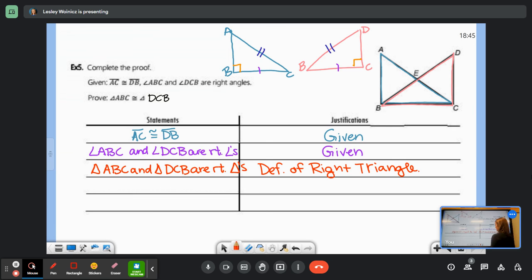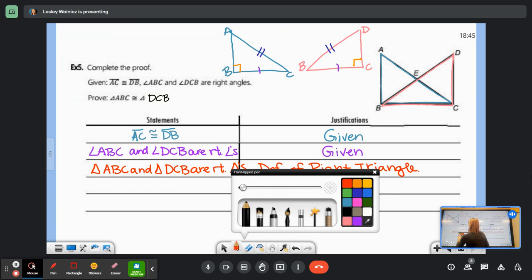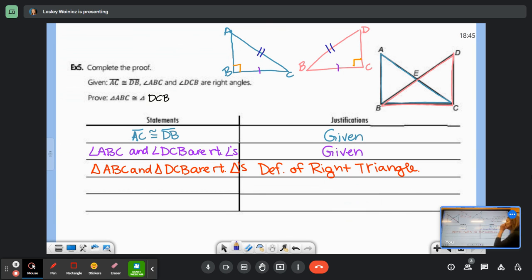Let's use the reflexive property and say that that shared leg is congruent to itself. Pay attention to the order. It's BC in one triangle, and it's CB in the other. So BC is congruent to CB by the reflexive property of congruence.